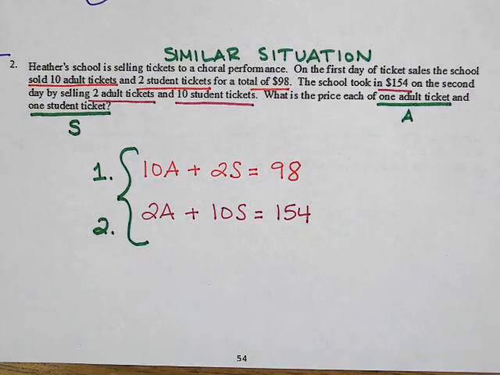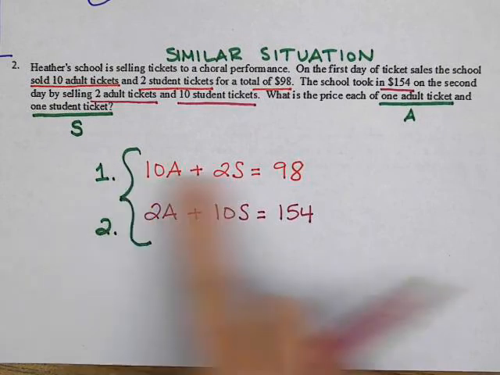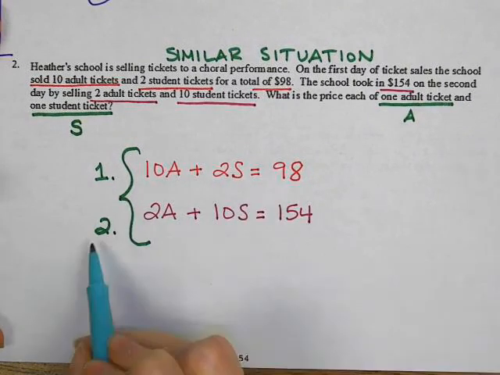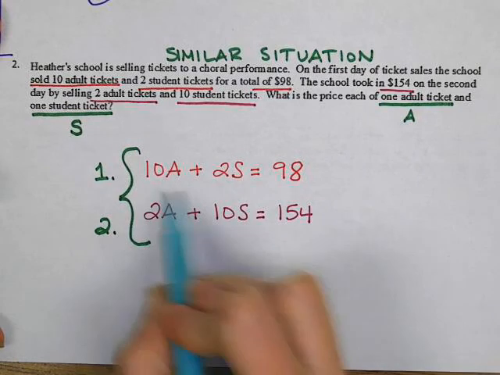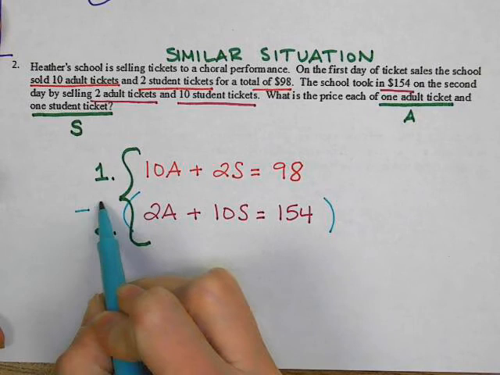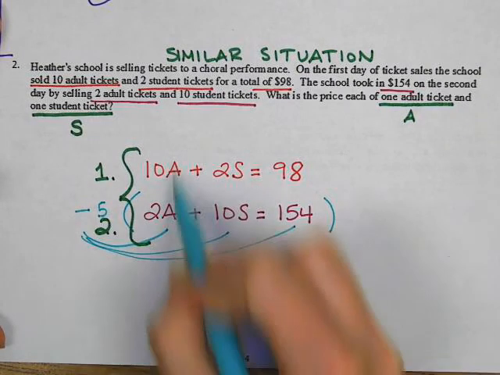Okay, so this is a different type of word problem. When you have similar situations, you set up your system that way. And we'll solve this tomorrow. But if you guys want to start thinking about it, I would probably do elimination. And if I want to get rid of the A's, I might think about multiplying in a -5 to get a -10 to cancel with the +10.